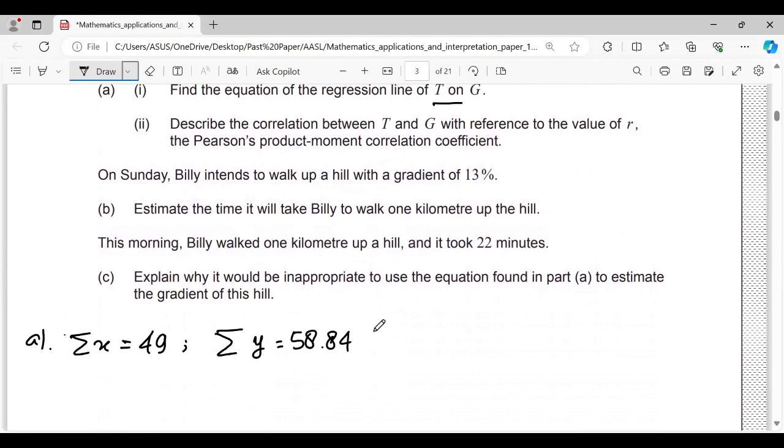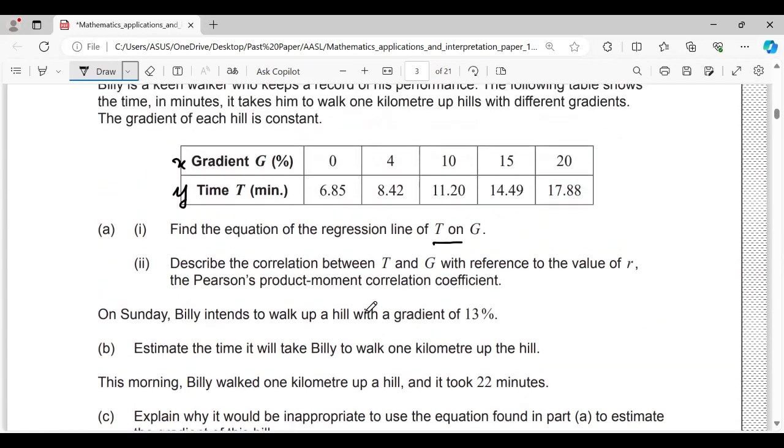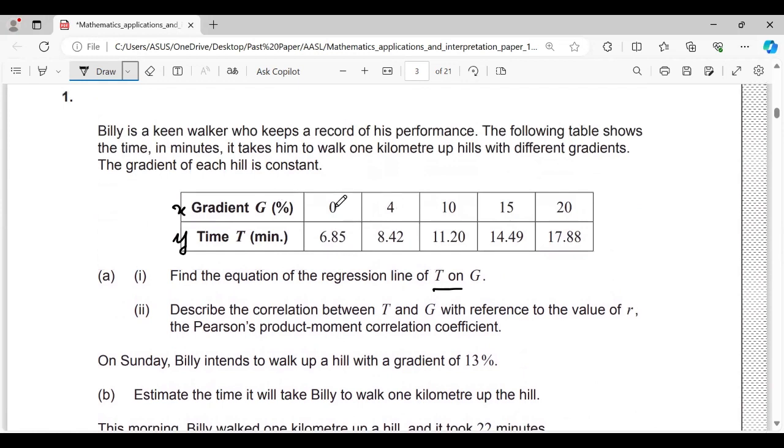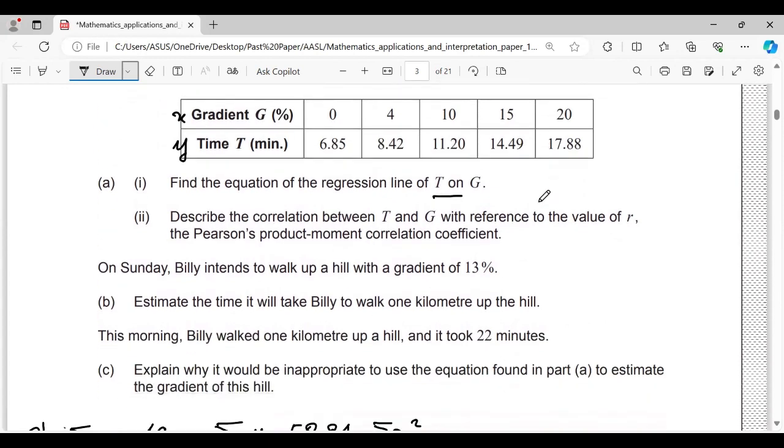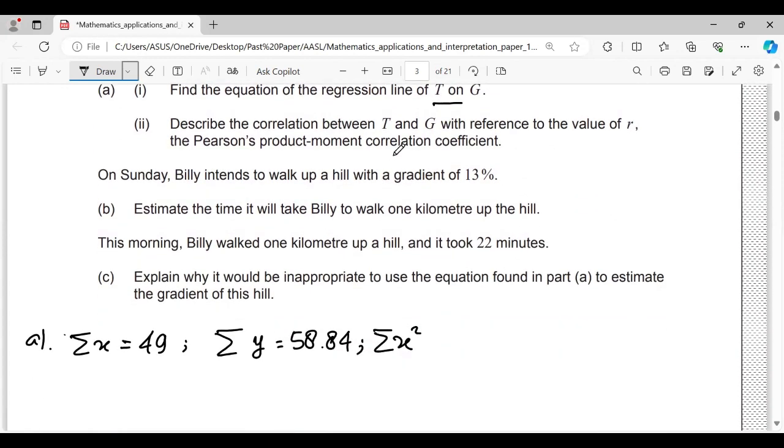And then sigma x squared: 0 squared plus 4 squared plus 10 squared plus 15 squared plus 20 squared. It is 741. And sigma y squared, same procedure as x squared, it is 772.